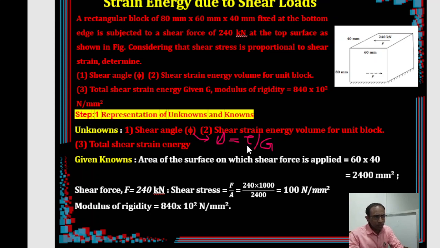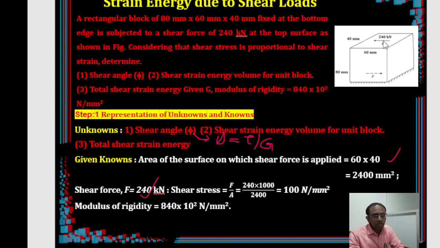We know the G value is given, and if we know the shear stress, we can get the shear strain. So how do we get the shear stress? We have been given the shear force load, and of course we have the area. Which area do you have to take?